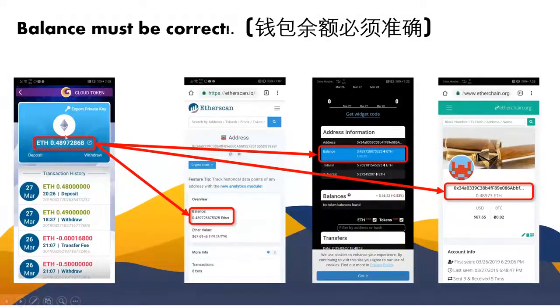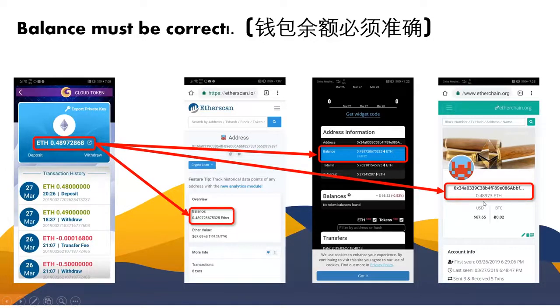Now we have a cloud token wallet here. It shows the balance, and you check with Etherscan. It's supposed to be the same. And you look at ETH Explorer and Etherchain. They all show you the same number here, except for Etherchain, which rounded up.